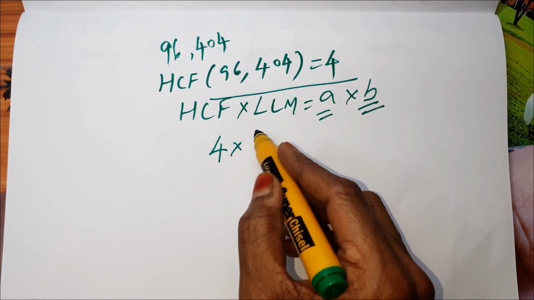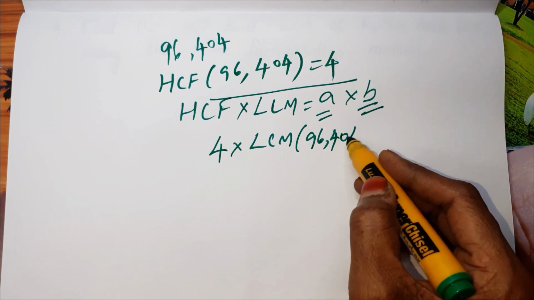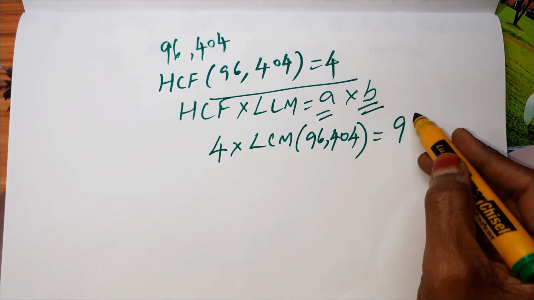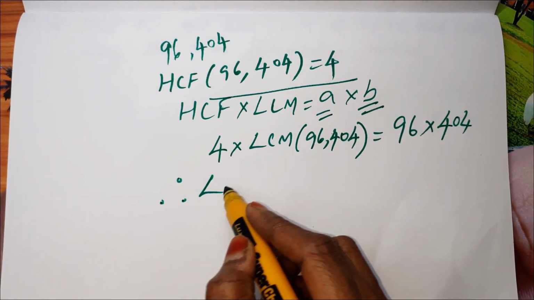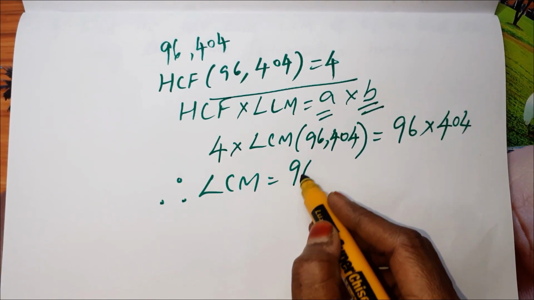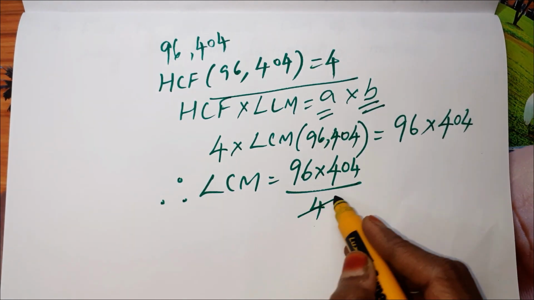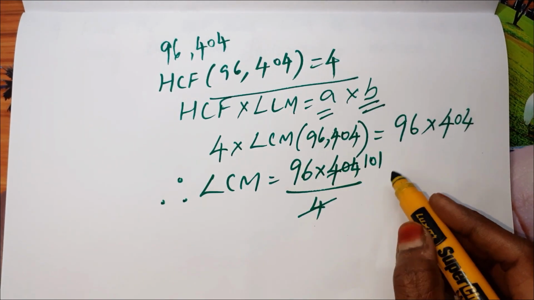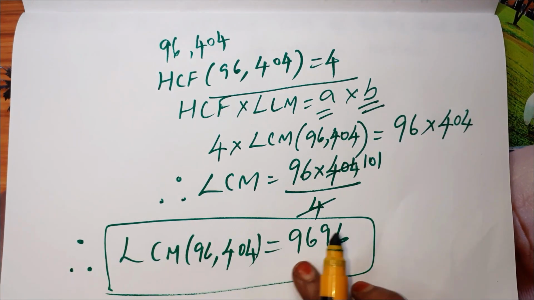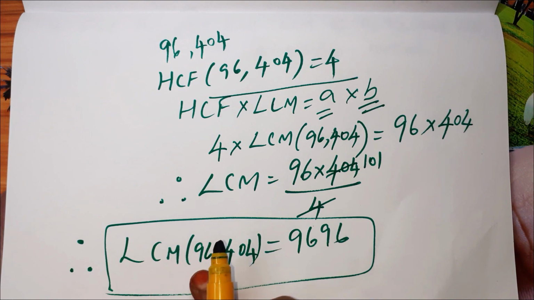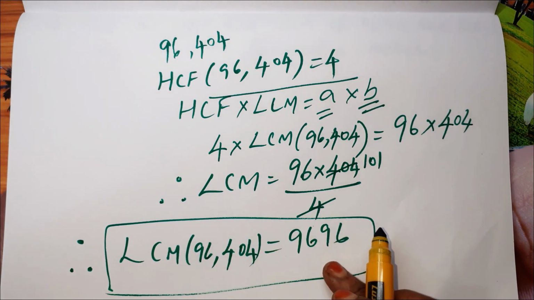So 4 into LCM of 96 and 404 is equal to 96 into 404. Therefore, LCM is equal to 96 into 404 by 4. So when we divide, it is 101. 101 into 96, which is equal to 9696. Therefore, LCM of 96, 404 is equal to 9696.